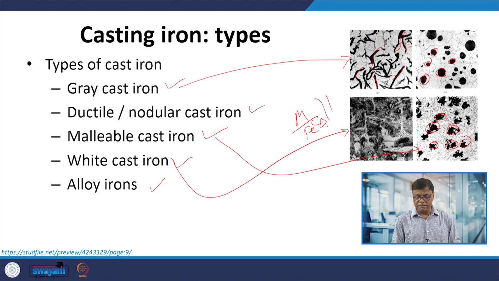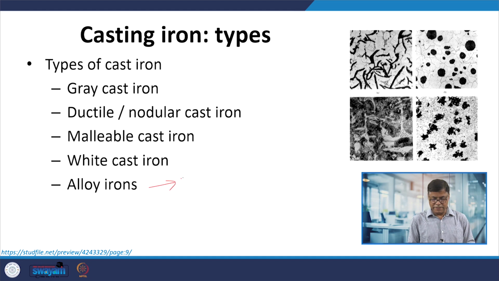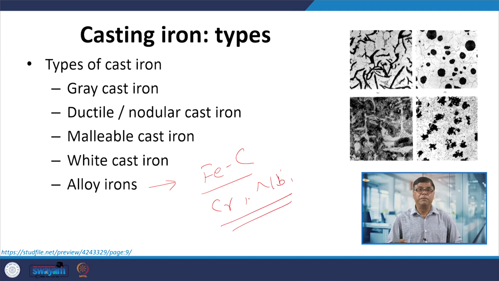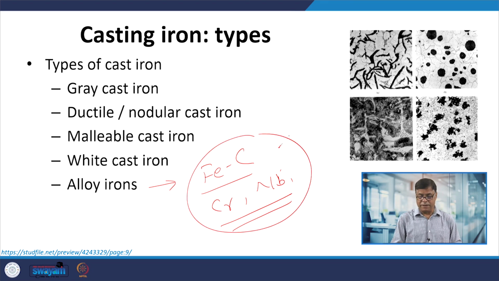That Fe3C formed leads to very high hardness and very low toughness and ductility. Alloy irons, as I have said, are alloyed with various elements. Apart from iron and carbon, there can be chromium, niobium, or others which interact with the carbon to form their carbides to increase the hardness and particularly the abrasive wear resistance.